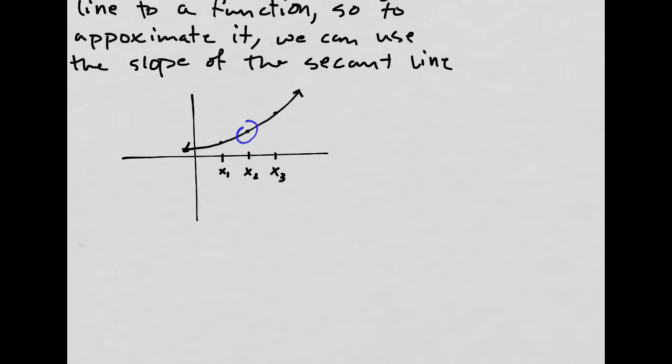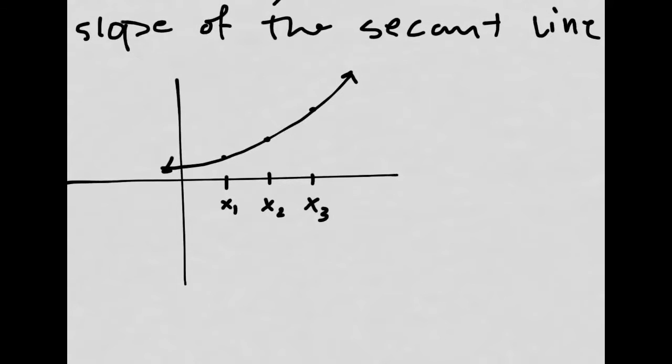Instead of finding the instantaneous rate of change, I can find the average rate of change between those two points, the slope around the point in question. Another approximation is the slope between these two points, because if they are close enough, that is also an approximation. Or lastly, you can find the slope between those two points, which is still an approximation.